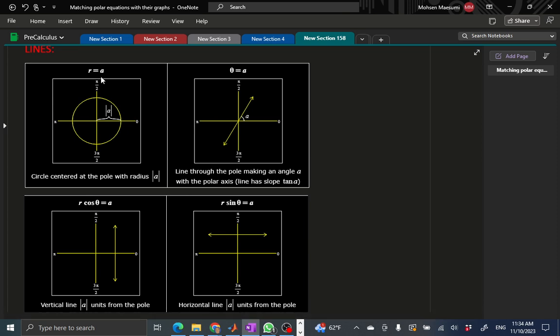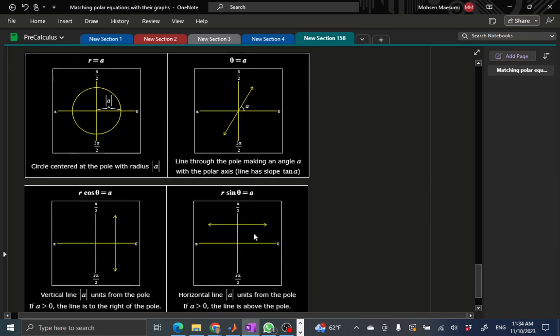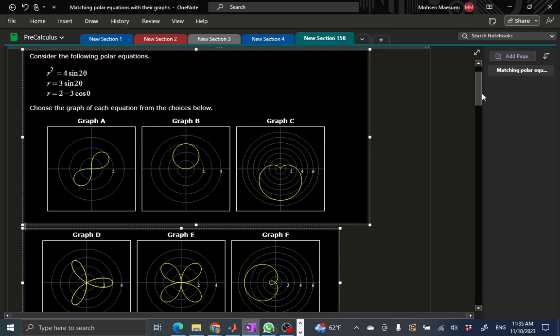It's just a plain circle. Theta equal to a number is going to be a ray at that angle. Our cosine equal to a number is going to be a vertical line, with positive a on the right, negative on the left. Our sine equal to a number is going to be a horizontal line, and again positive a on the top, negative a on the bottom. So these are the pictures we have studied.